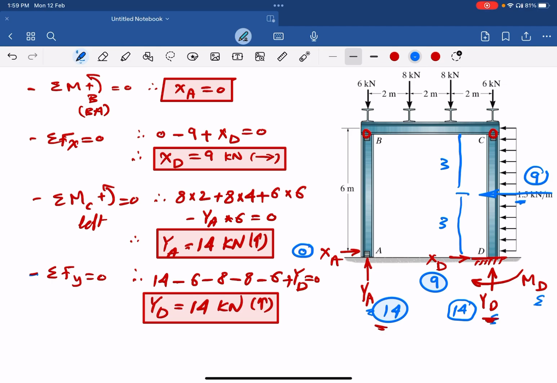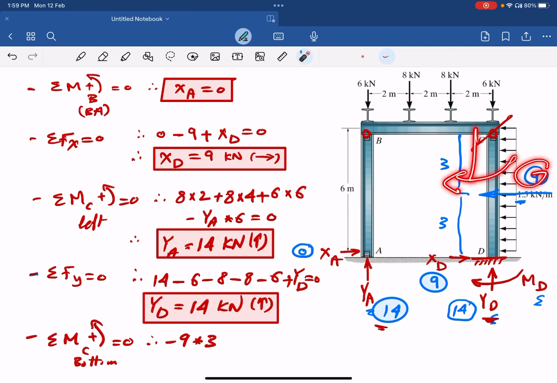So taking moment summation of M at C for the bottom part equals to 0, and therefore taking a moment here, so minus 9 times 3, this is clockwise, so it is opposite to what we assumed here, so it is minus 9 times 3 plus 9, which is the Xd times 6, plus 9 times 6 minus Md equal to 0.